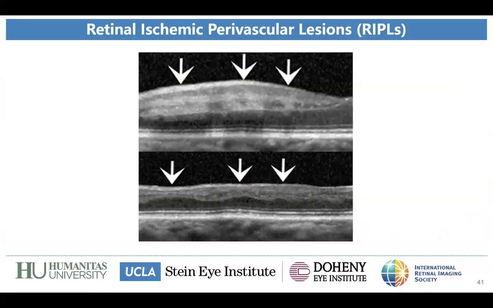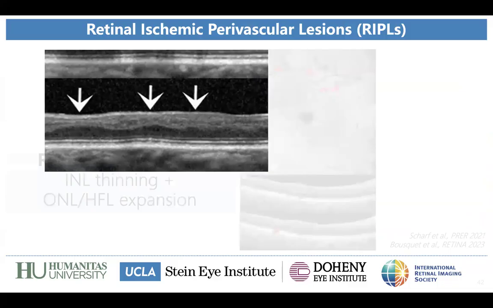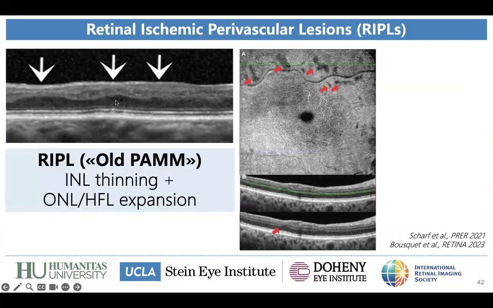legacy of PAM lesion, and this is represented by ripples, retinal ischemic perivascular lesions. These lesions are defined by an inner nuclear layer thinning accompanied by an outer nuclear layer and especially Henle fiber layer expansion. These lesions are very easily identified thanks to en face OCT segmented at the level of the middle retina as these hyperreflective lesions.